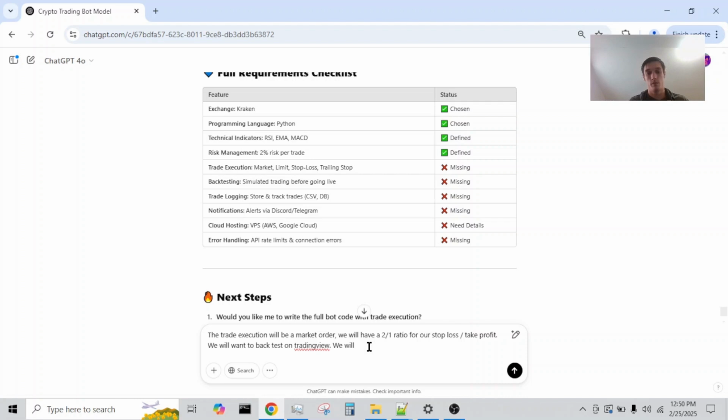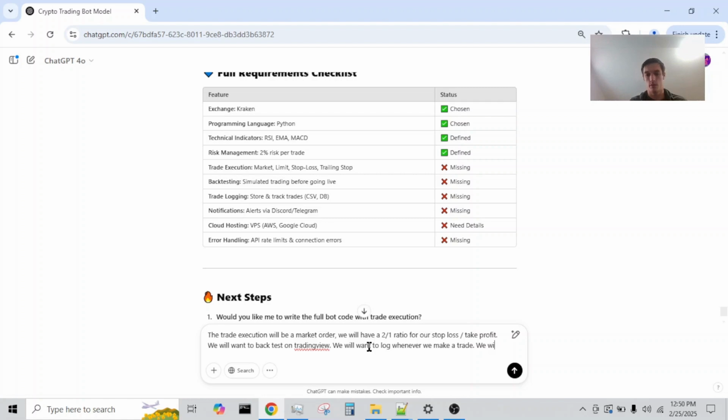We will want to log whenever we make a trade, whether that's for a loss or a profit, or we break even. I'm sure we can add some more logging in there too.